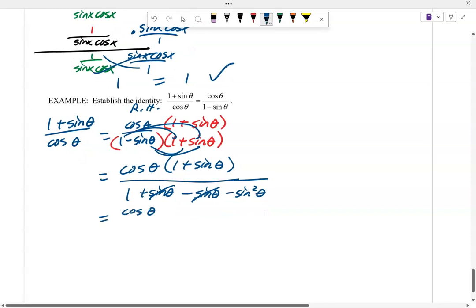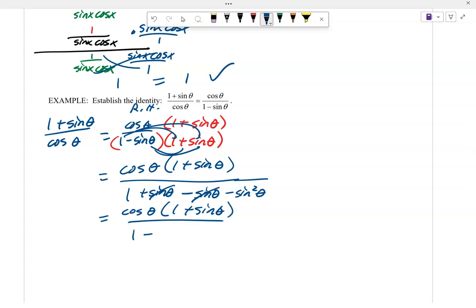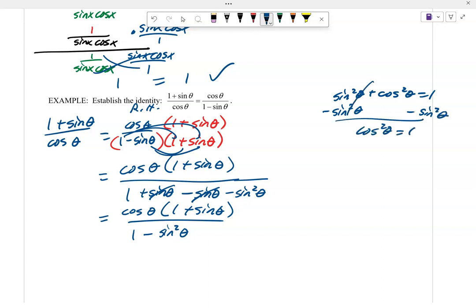So I have cosine, 1 plus sine, all over 1 minus sine squared, right? Well, remember that sine squared plus cosine squared is 1. So what is 1 minus sine squared? Well, 1 minus sine squared is just cosine squared, so I'm going to replace that with cosine squared.